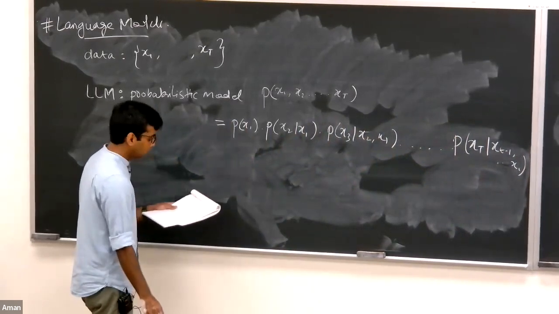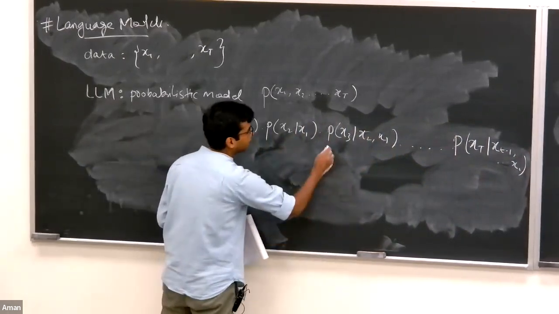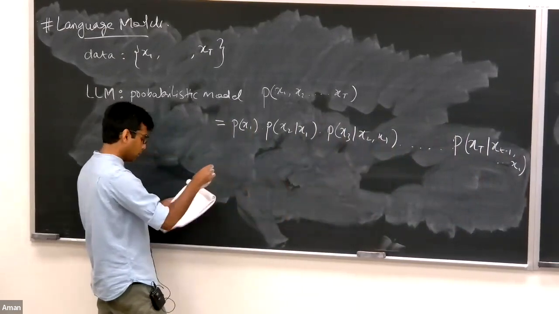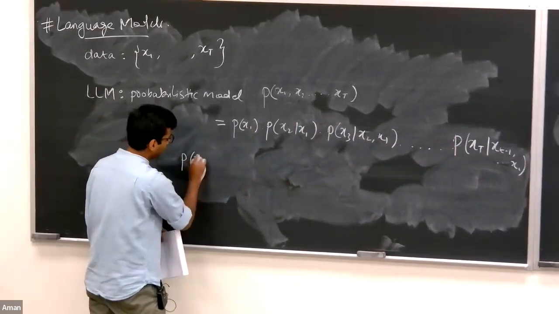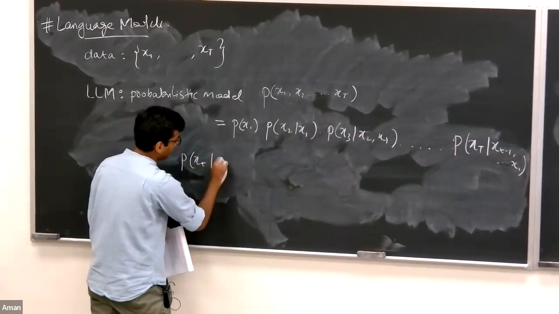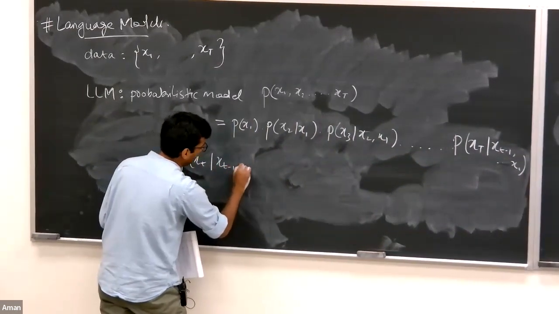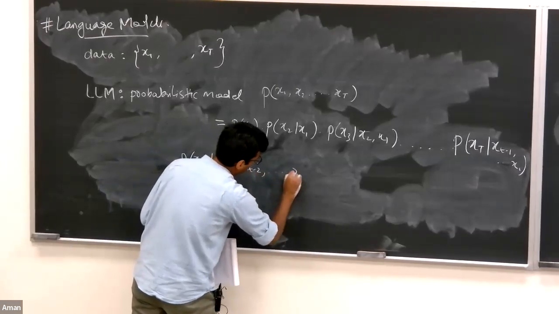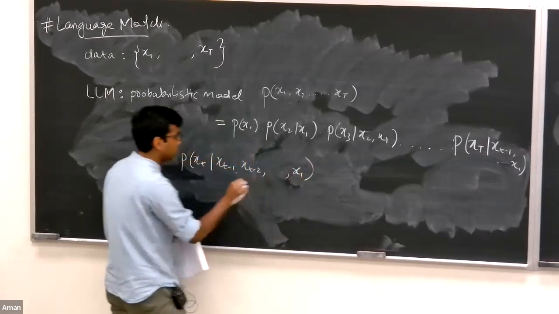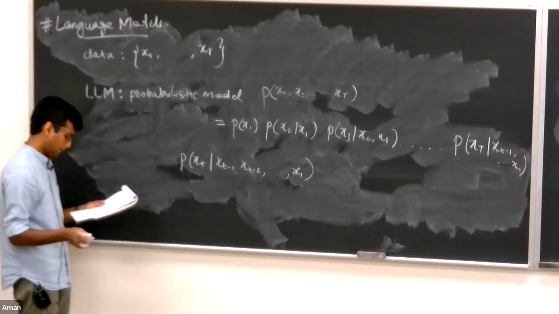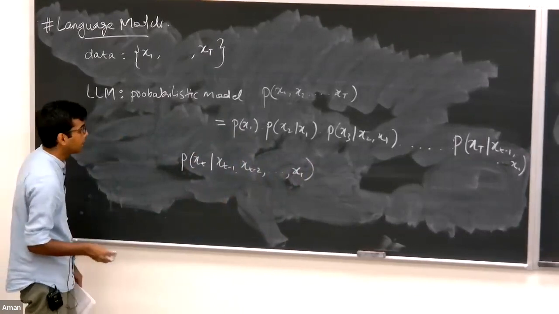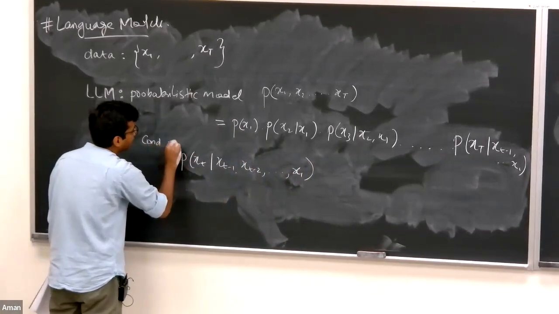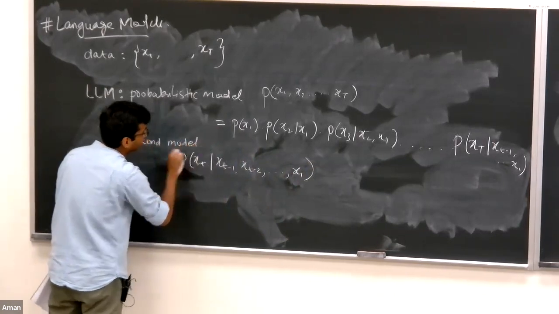So if you take the probability of an intermediate word, x small t, that would be P of xt given everything before it: t minus 1, t minus 2, and so on. And this is a conditional model that we would like to learn.